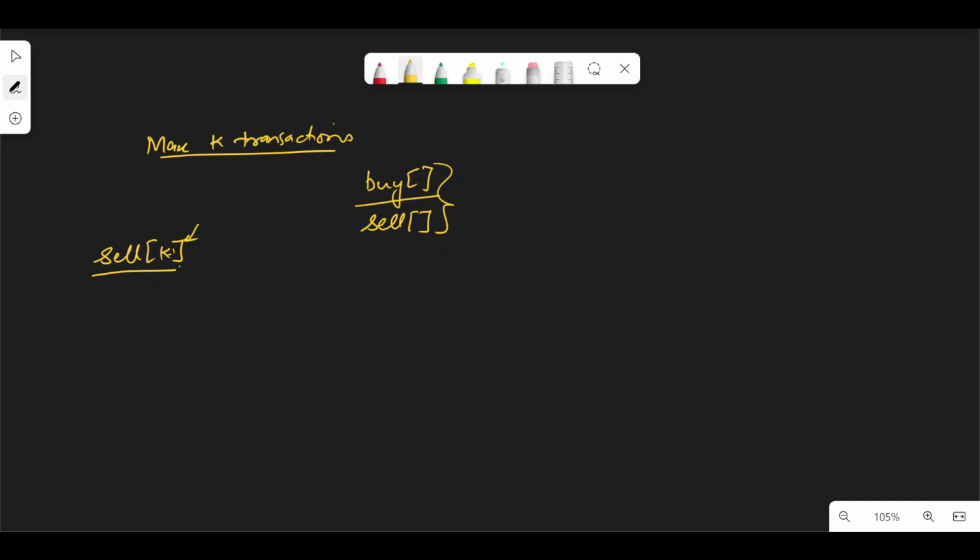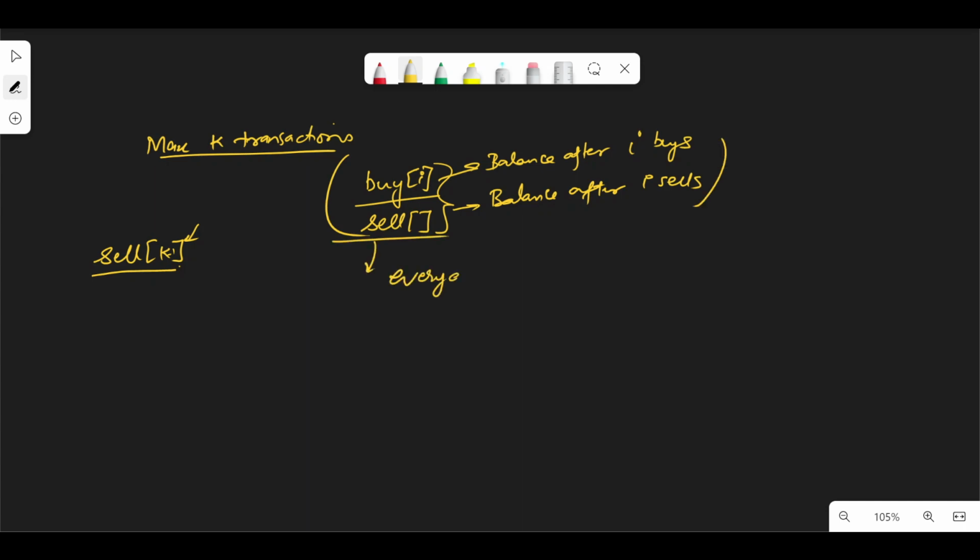And what they represent is, so they represent balance after I buys, and this represents balance after I sells, and we need that information for every day, right? And when we return, we return cell k information for the last day.